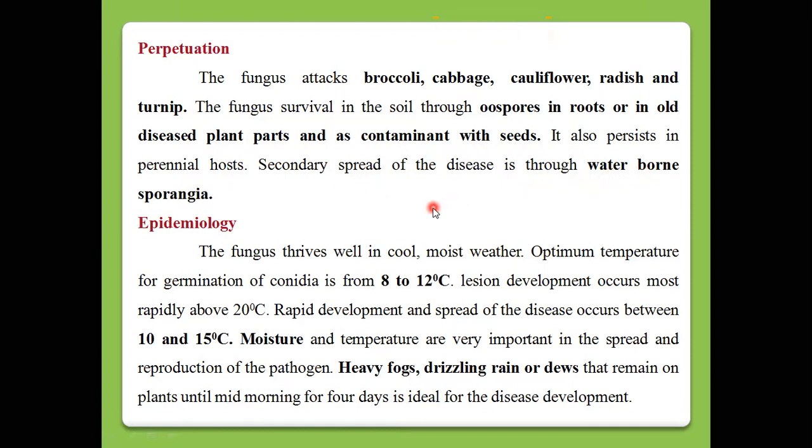This downy mildew disease has a wide host range because Peronospora parasitica also develops on cabbage, cauliflower, knol khol and radish, besides mustards.